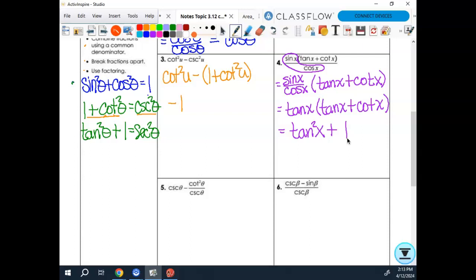It's just 1 because they're reciprocals. We're not finished, though, because we got 2 terms. What's tangent squared plus 1? Secant squared. Yep. Well, it's not simplified all the way, so you're not finished. All right, what questions we got?